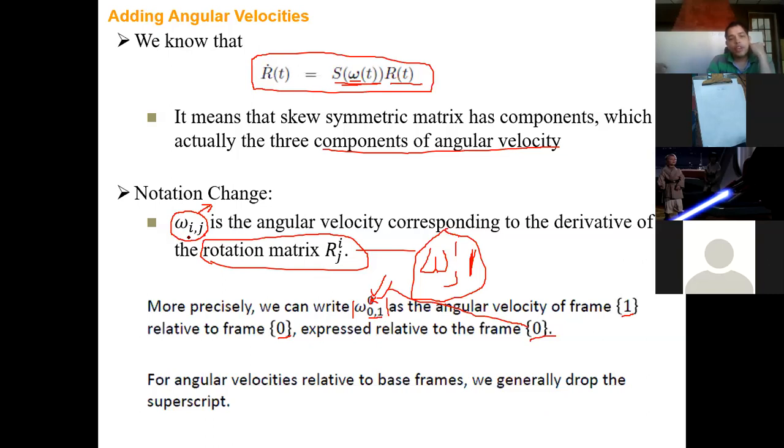Okay. Yep. I want to warn you, there are some books where, if the angular velocity is related to the base frame, they generally drop the superscript. If it is frame 0, base means 0 frame, then they simply drop the 0 on the top, the superscript.